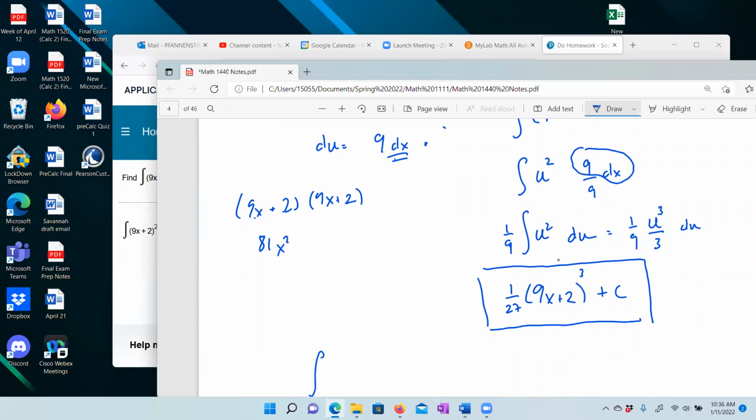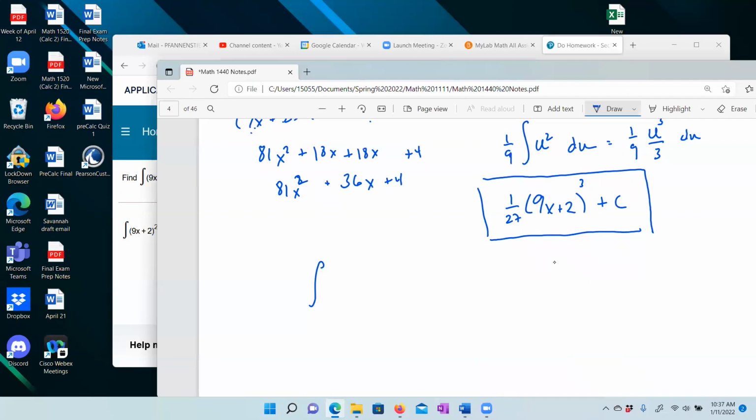We have 2 times 9x, which is 18x, and another 2 times 9x, which is plus 18x. Those add to 36x, plus 4. So we have 81x squared plus 36x plus 4.